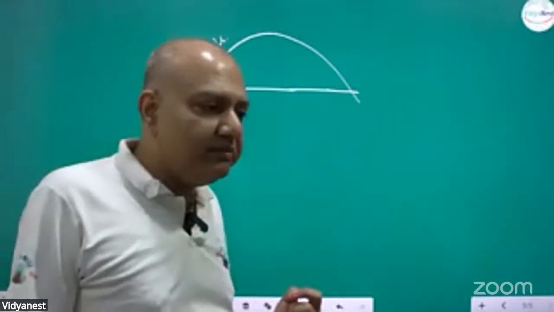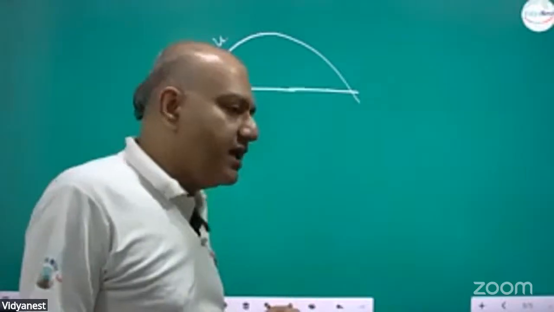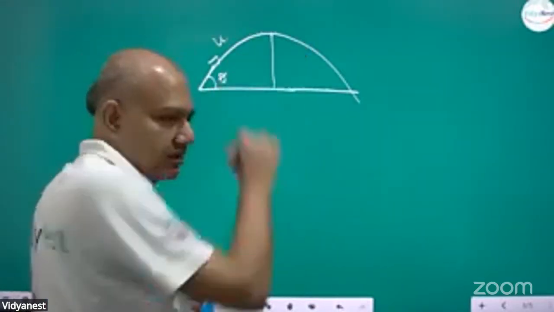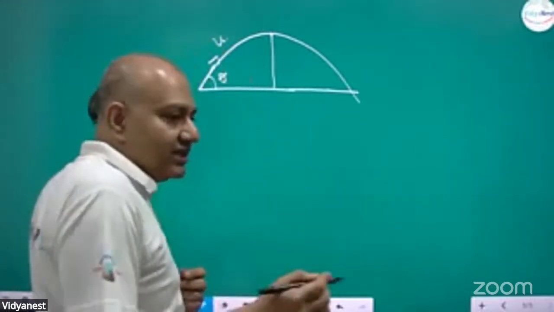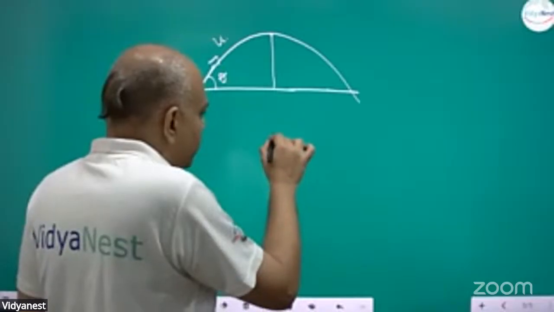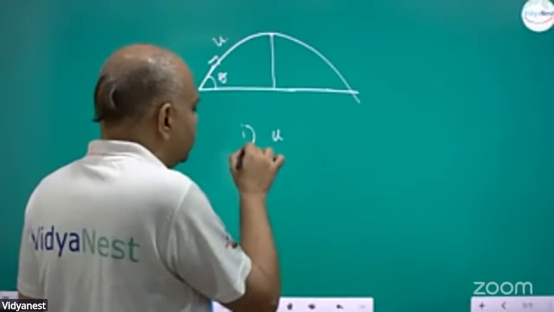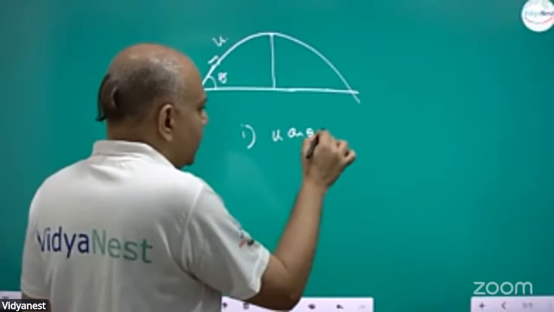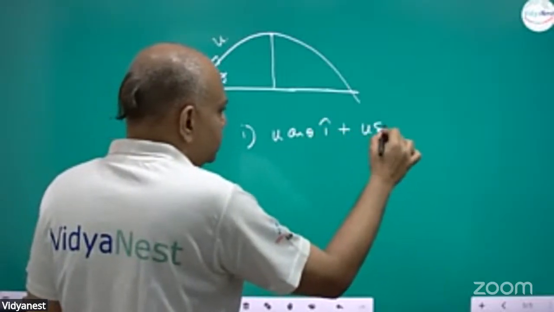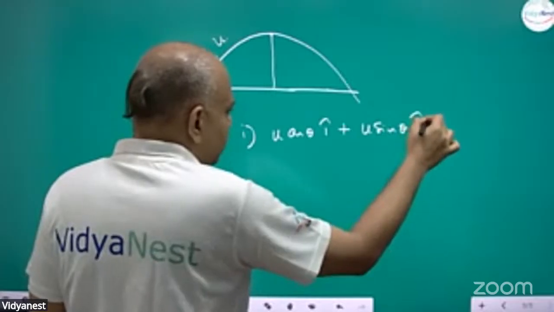Tora, can you tell me at the top point, I'm writing some expression of the velocity. Option 1, u cos theta i cap plus u sin theta j cap.